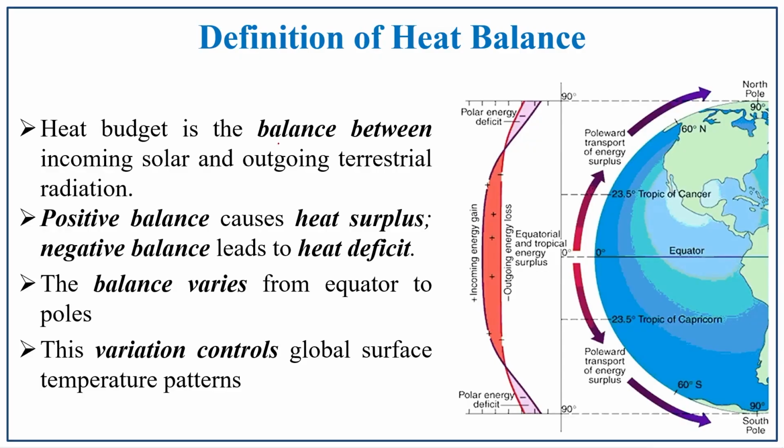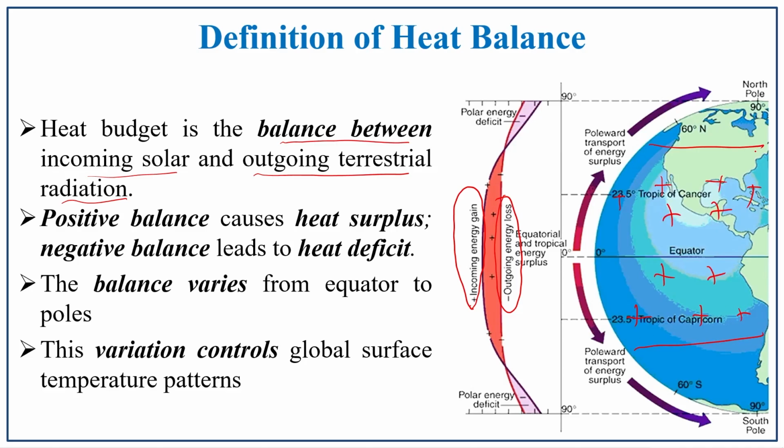Heat budget is the balance between incoming solar and outgoing terrestrial radiation. You have the diagram here, showing incoming energy gain on one side and outgoing energy loss on the other. One region is getting a surplus and another region a deficit; this region till this region is surplus, and this region is the deficit region.